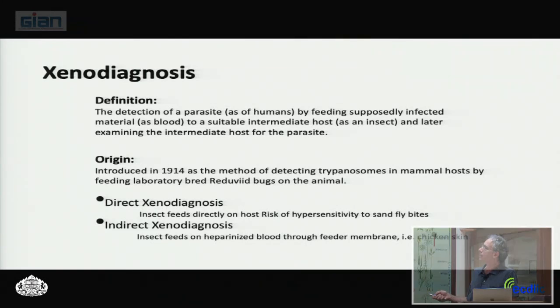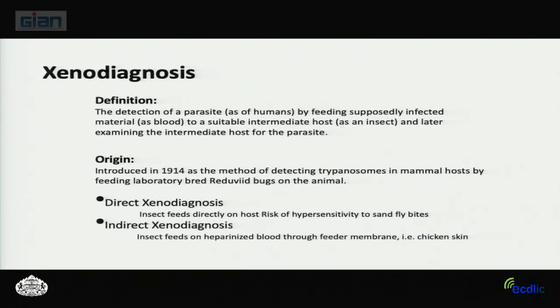So xenodiagnosis, for those of you who may not know, is the detection of a parasite by feeding supposedly infected material, like blood, to a suitable intermediate host, like a sandfly, and later examining the intermediate host for the parasite. Xenodiagnosis was originally used to diagnose patients with Chagas disease in South America, the American trypanosomes.